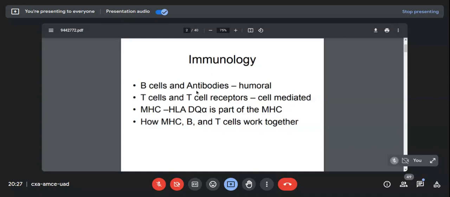The second thing we're going to focus on is T cells and T cell receptors. And we're going to discover that T cells and T cell receptors are found in the other type, or the second type of adaptive immunity, which is the cell mediated type. That's what we're going to focus on.